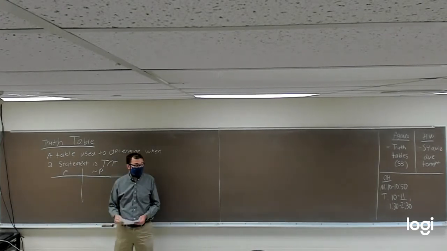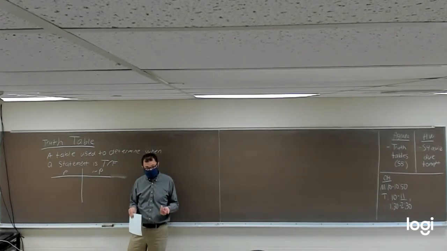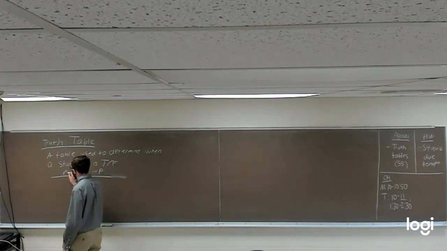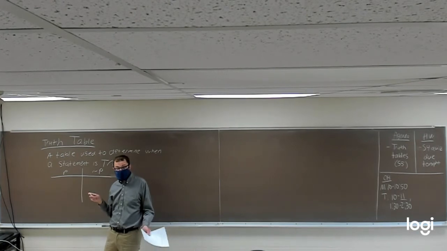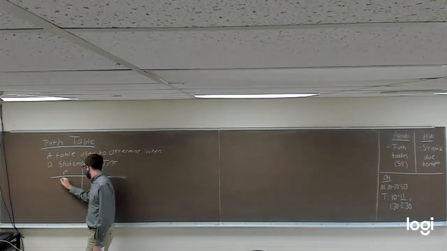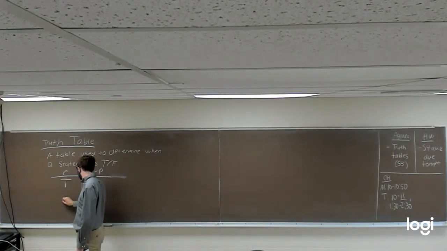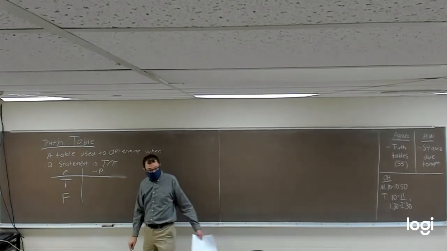We need to write down all the truth possibilities for that statement, which in this case, we have a simple statement P. The simple statement P can only be one of two things. It can either be true or it can be false.